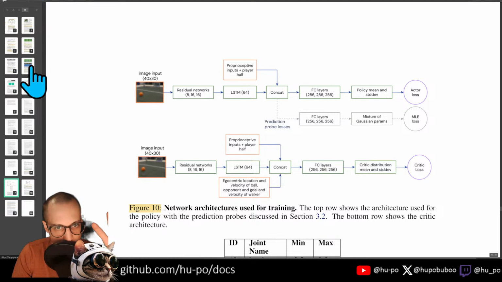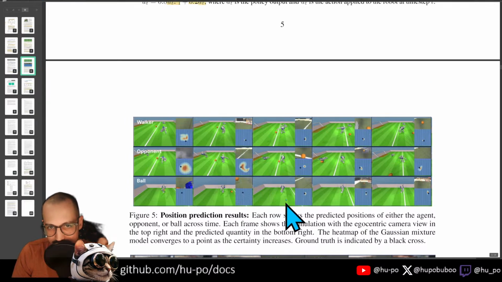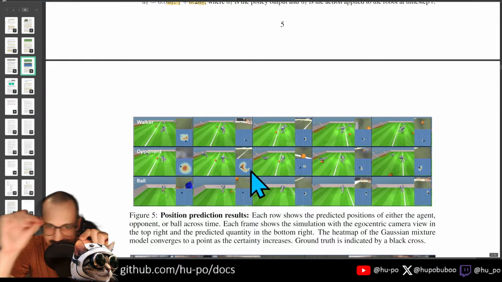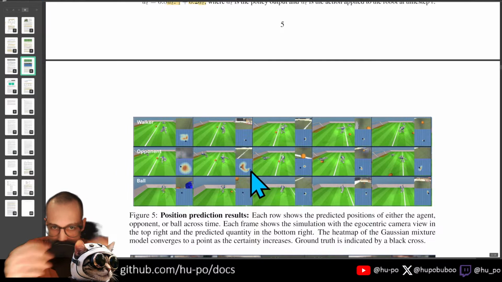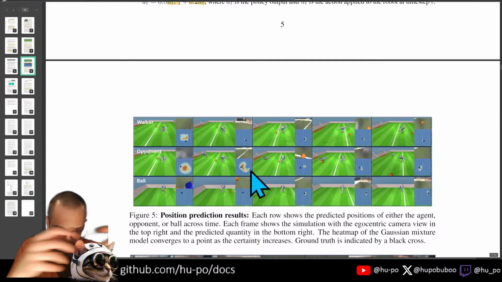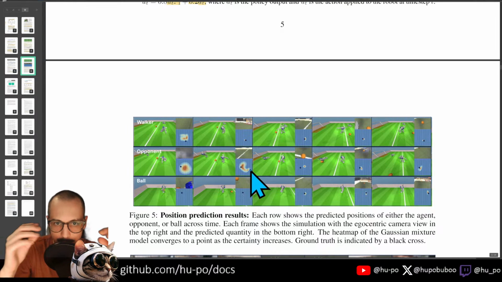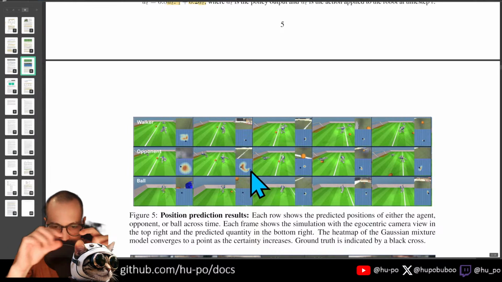That's what you're trying to ask with that probe. I'm going to put a little extra head here that tries to predict that. And if it can predict it well, then it means that information is actually in there. It's not explicitly in there, right? Because it's just some high dimensional feature vector that is very difficult to understand as a human. But this probe allows you to say that the information is in there, even if we don't know exactly which neuron it's in. It's in some combination of all those little neurons.